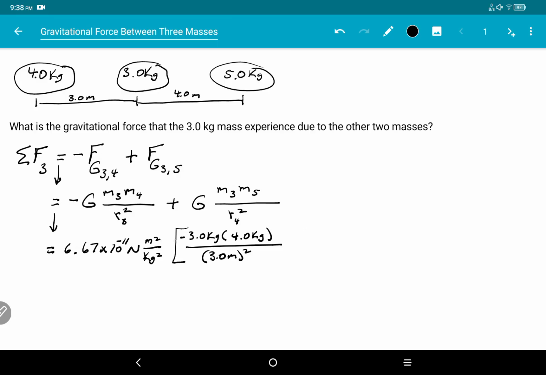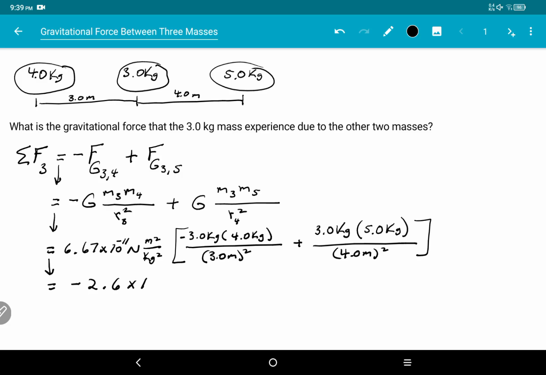And let's put the minus, plus, now we're going to have the 3.0 kilograms times the 5.0 kilograms all over the 4.0 meters squared, bracket, and this is going to equal a negative 2.6 times 10 to the negative 11 newtons.